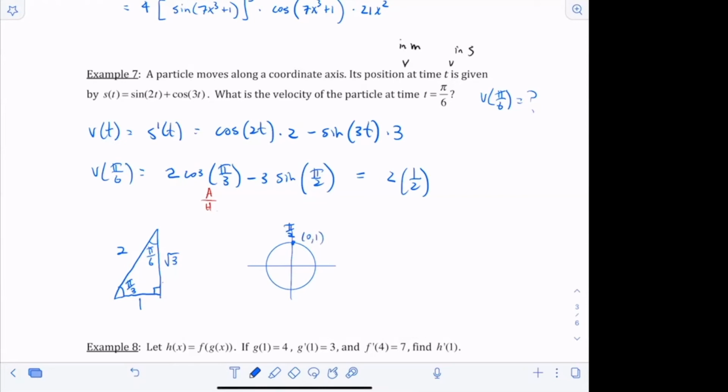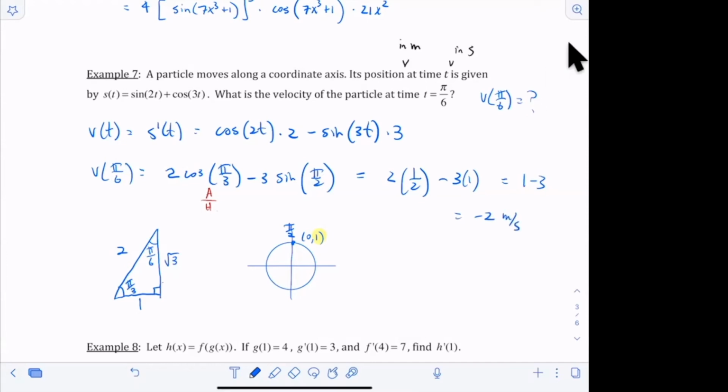And we know sine is always the y value. So that makes this minus 3 times 1. So in the end, we're going to get 1 minus 3, which is equal to negative 2. And our units are going to be meters per second.